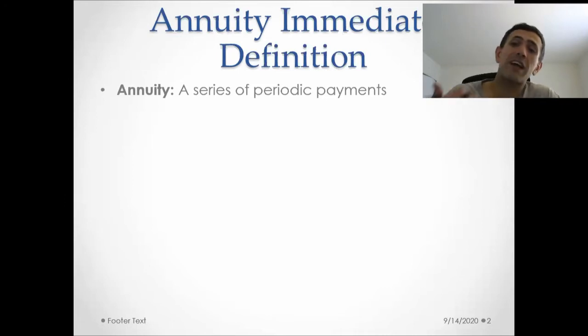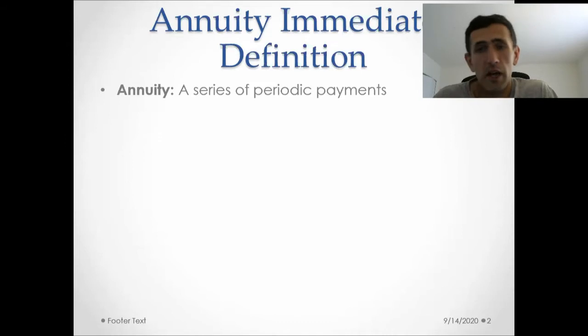You're making periodic payments to the mortgage company at the end of each month. Paying back a loan is an example of an annuity. You're making payments at the end of each period, however the loan is structured, to pay off your debt.